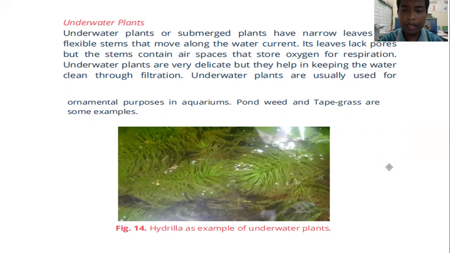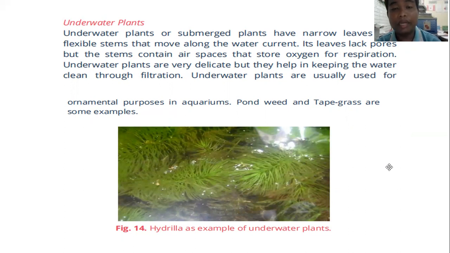So they put some underwater plants. Do you have mga aquarium sa inyoha? Okay, just comment if you have, then nagabutang pa mo mga plants nga maka like underwater plant.